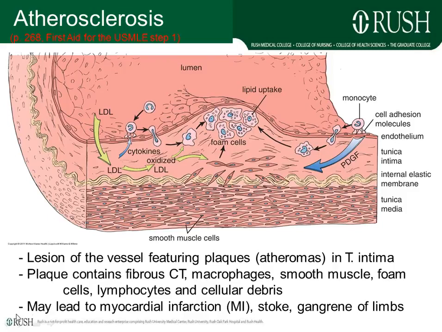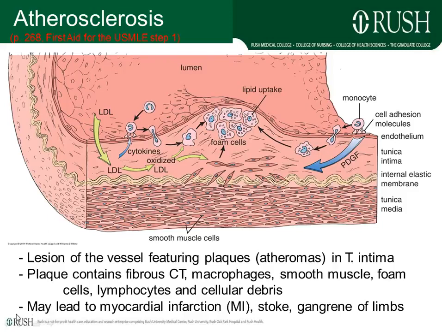These are specific lesions in the vessel wall called atheromas. And what happens here is that within the tunica intima, the most internal layer of the vessel, there's an uptake of monocytes into this region of the vessel wall, along with certain growth factors like PDGF.